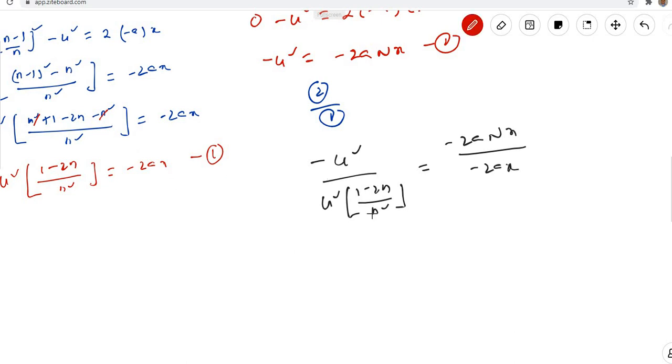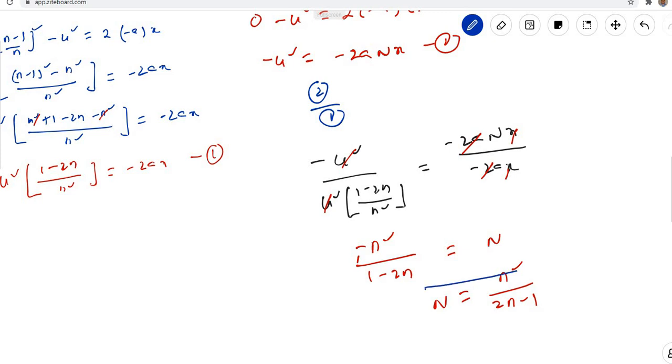So we'll understand that this u square cancels and here this 2a x cancels. So ultimately I am left with n square by, there is a minus sign here, 1 minus 2n is equal to n is left. So take n common, minus common, ultimately n is equal to n square by 2n minus 1.